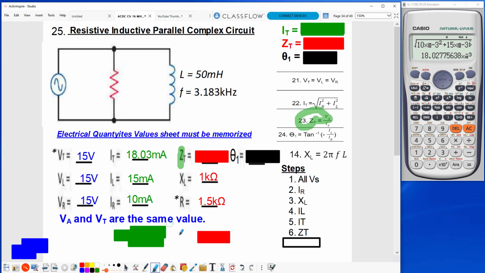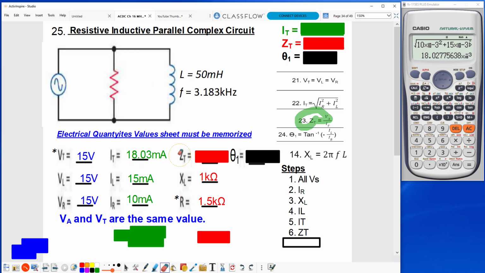Z stands for impedance. Impedance is a certain type of opposition to current flow that we find when we have both inductive reactance and resistance. So just for a minute, I want you to understand there may be a test question about what does the Z stand for.